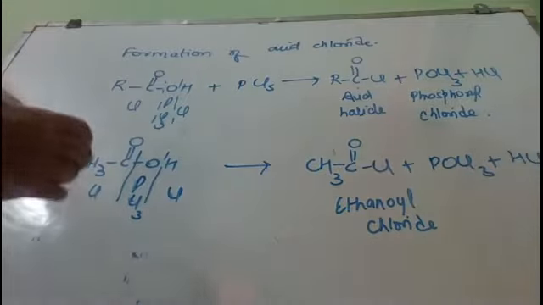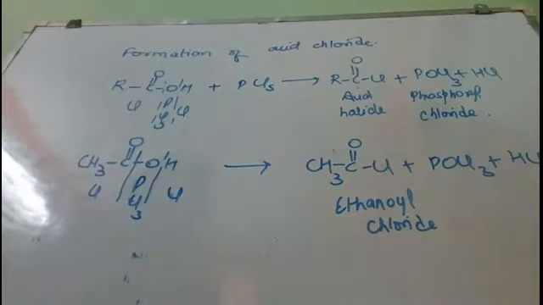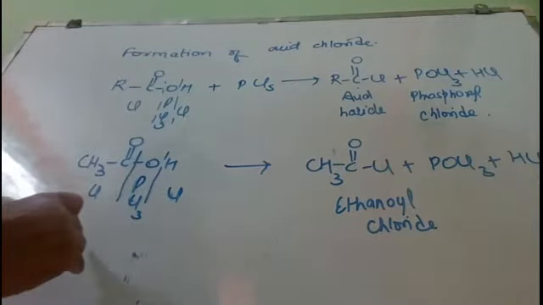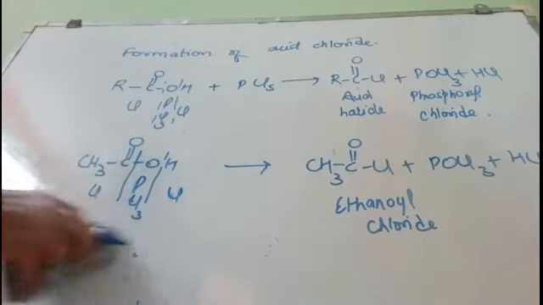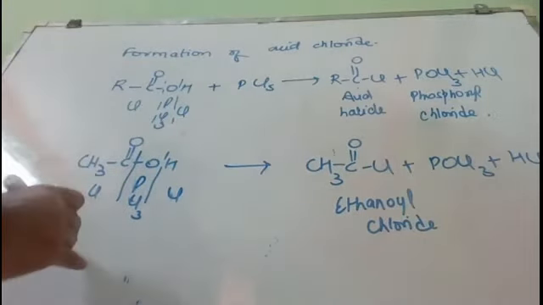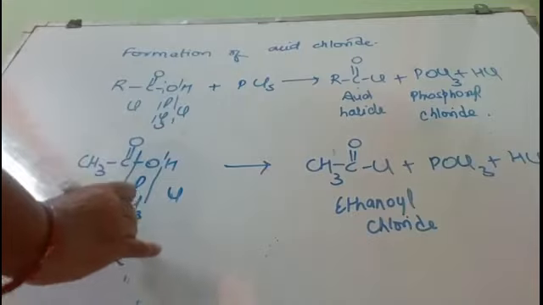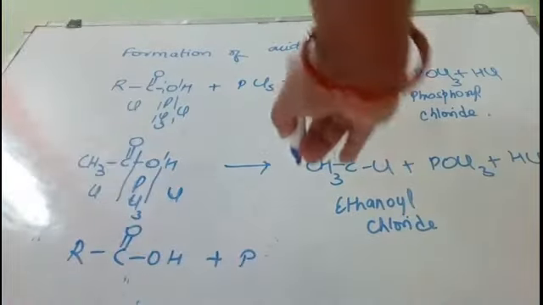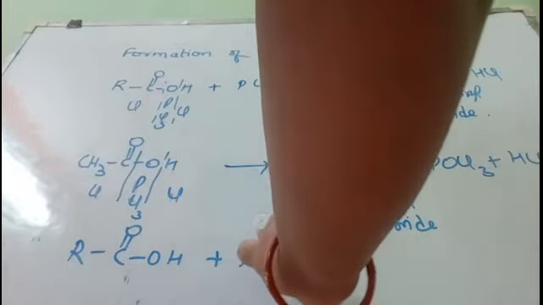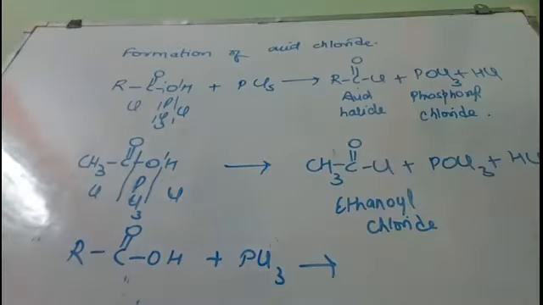Similarly, if instead of phosphorus pentachloride I take phosphorus trichloride, so in that case, first I take the general reaction. Suppose we have carboxylic acid and we treat it with phosphorus trichloride.